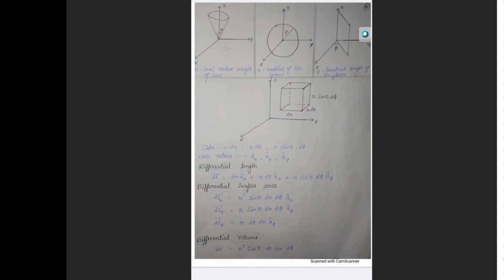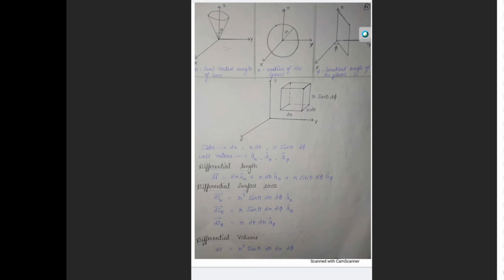The first side is dr, the second is r d theta, and the third is r sine theta d phi.